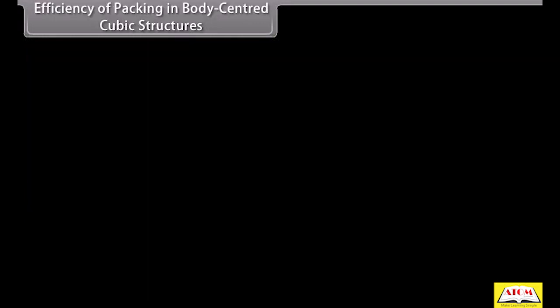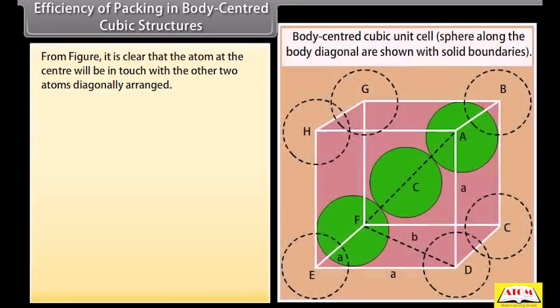Efficiency of packing in body-centered cubic structures. From the figure it is clear that the atom at the center will be in touch with the other two atoms diagonally arranged. In triangle EFD, b square is equal to a square plus a square, which is equal to 2a square. b is equal to square root 2 a.